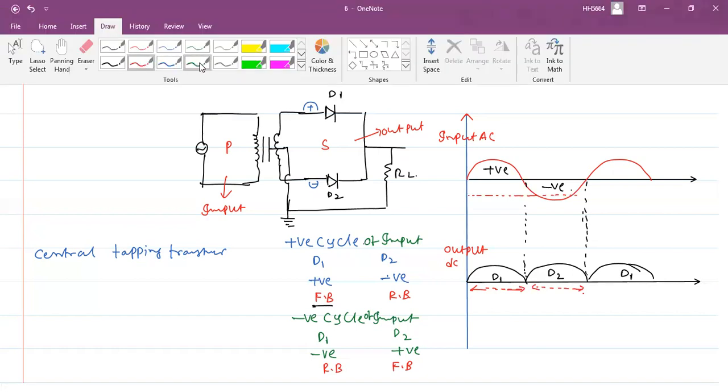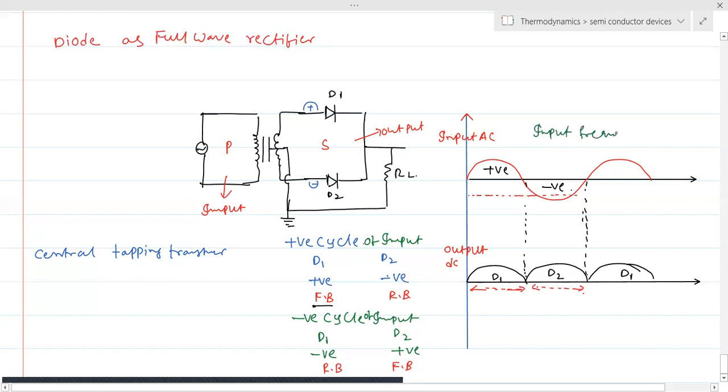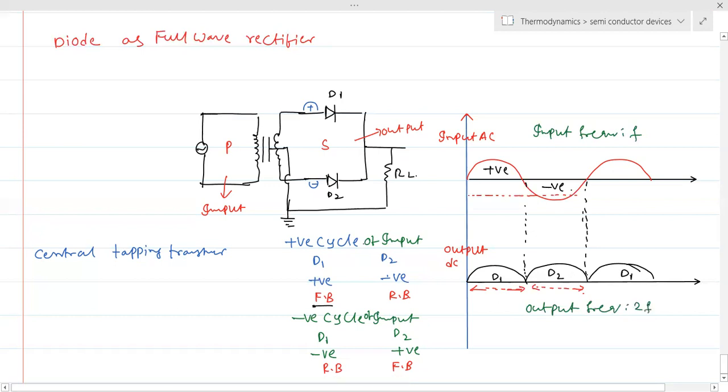From the diagram, it is very clear. Therefore, if we take the input frequency as f, similarly we take the output frequency as 2f. From this, it is very clear that the output is pulsating.